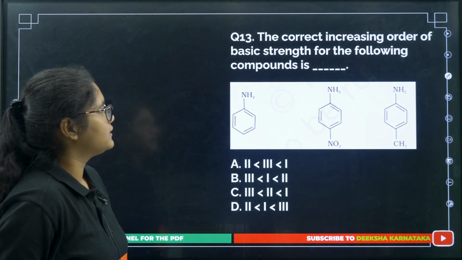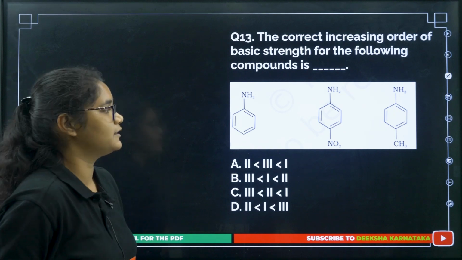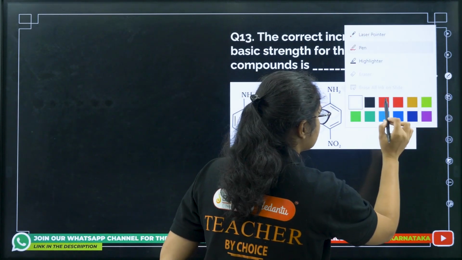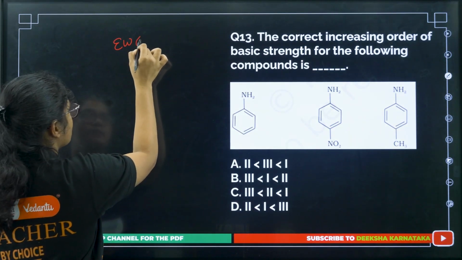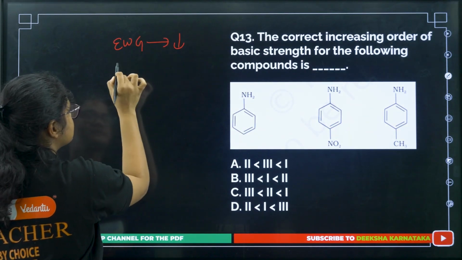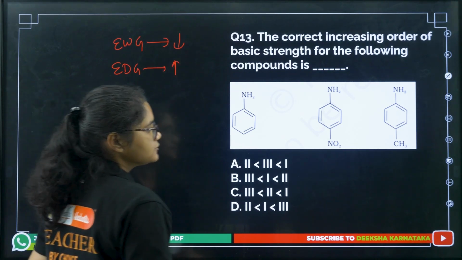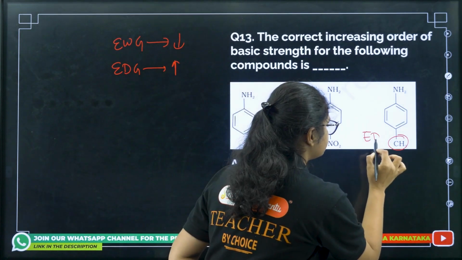Next, the increasing order of basic strength for the following compounds is. You need to find the basic order. In basic order, what you need to remember is that electron withdrawing groups will decrease the basicity. Electron donating groups will increase the basicity, right? So here CH3 group is there, which is an electron donating group.